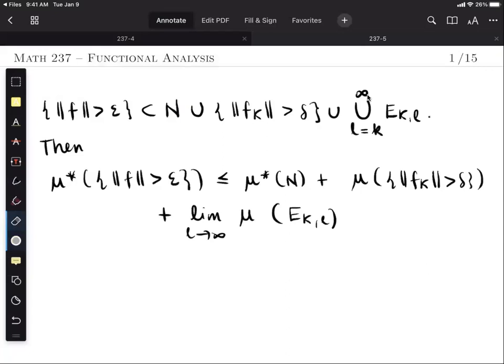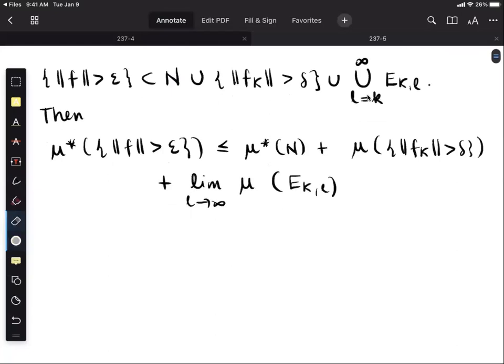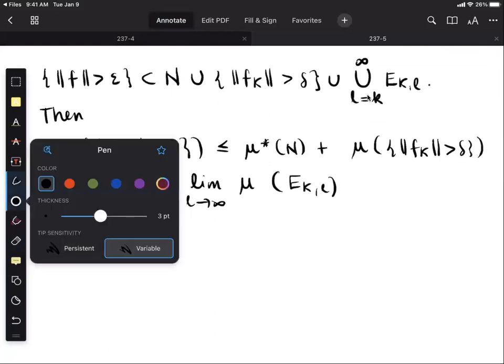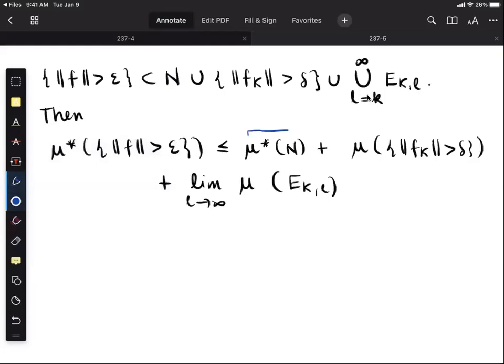Now, we apply the fact that this is 0. And then here, for the second term, we apply the Chebyshev inequality for simple functions.